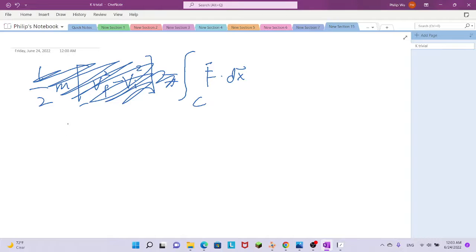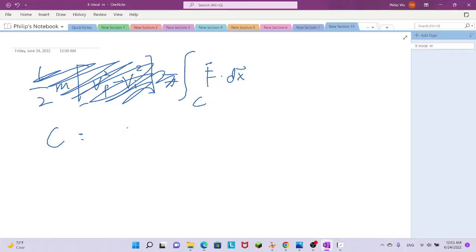So what I mean is that our object is traveling along a path C. It's any path. It could be in 2D space, it could be in 3D space, whatever. If you really want to generalize it, it can be in any Euclidean space, like four-dimensional space.